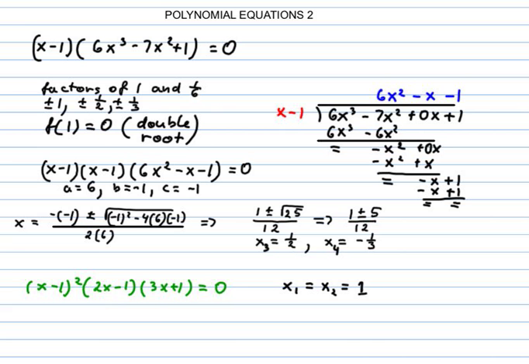Alrighty, so now you do know how to solve cubic and quartic equations, and the solutions only make sense and are possible if the roots are either rational numbers or integers. In case the real roots are decimal numbers, this method would not work. You would have to use technology, namely graphing calculators, or an approximation method.